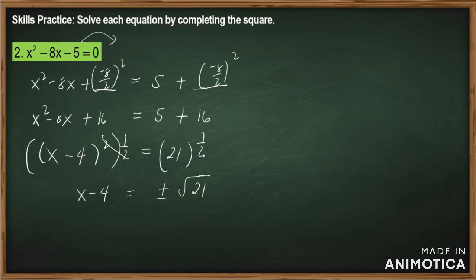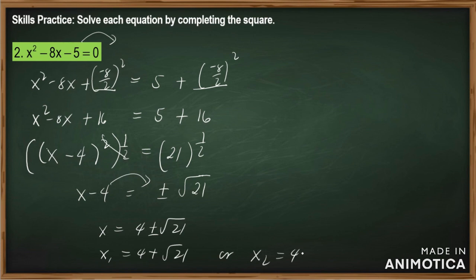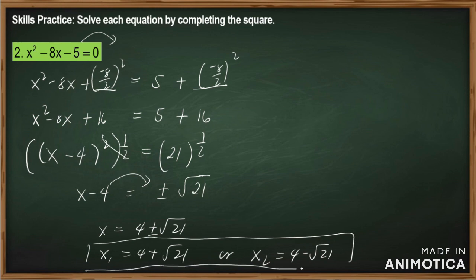Any number raised to 1/2 is its square root. Then we have x is equal to 4 plus or minus the square root of 21. The values of x could be 4 plus the square root of 21 or 4 minus the square root of 21. We cannot add them now, since we cannot add an integer to a radical. So that is not the final answer.